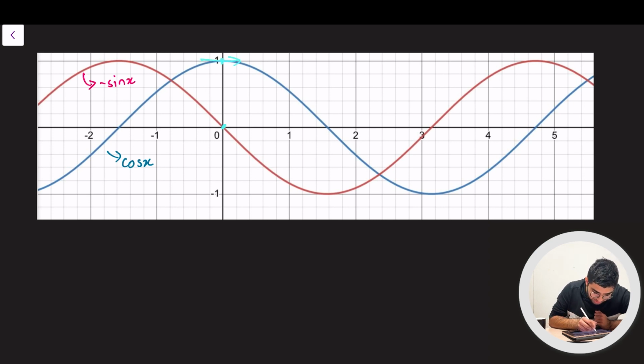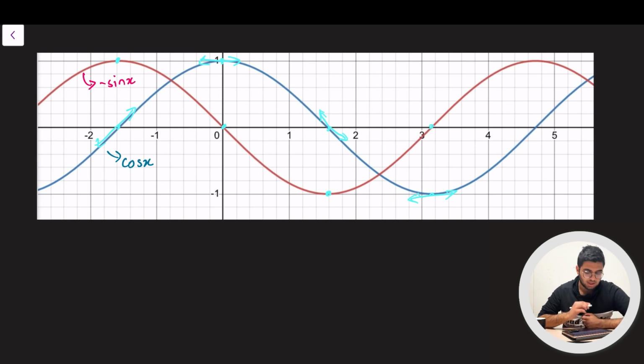Where the tangent is horizontal, this is 0. Where the tangent is horizontal, this is 0. But now when the tangent is -1, as it was here, negative sine of x is -1, so the point starts to align. Similarly here, tangent is 1. When you plot that, it happens to coincide.